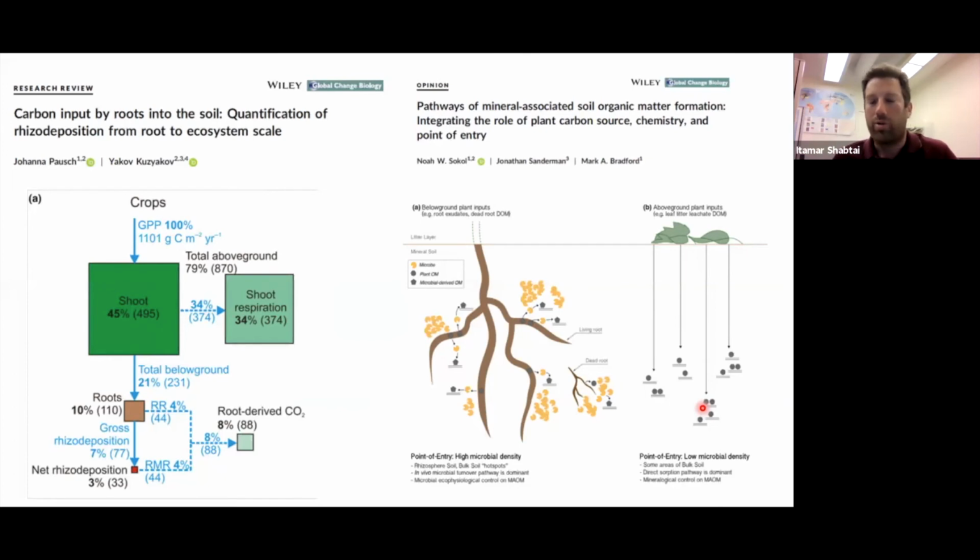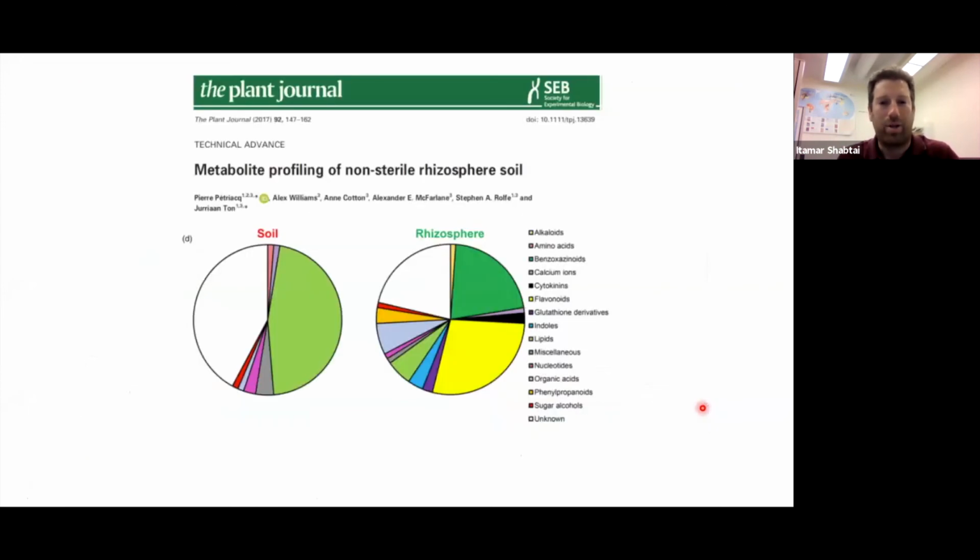So this point of entry and solubility make this carbon pool, root exudates, very interesting from the point of view of a soil scientist looking at soil organic carbon dynamics.